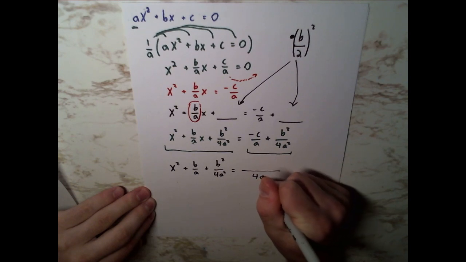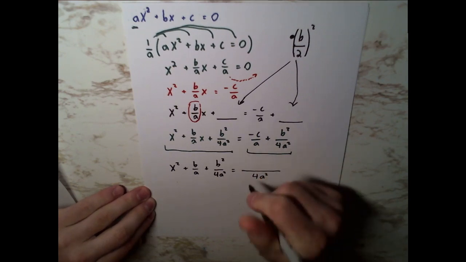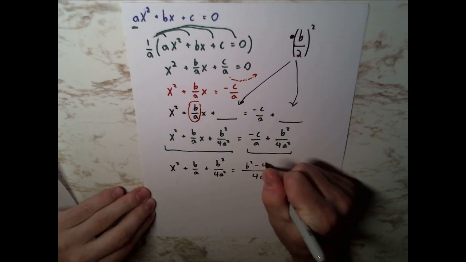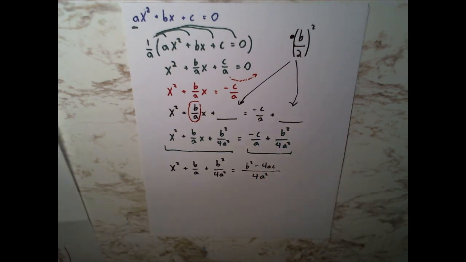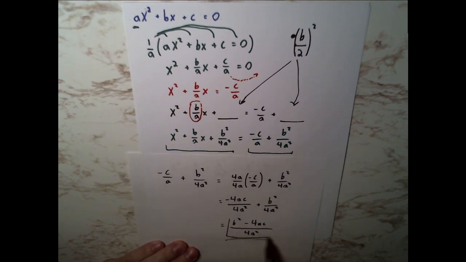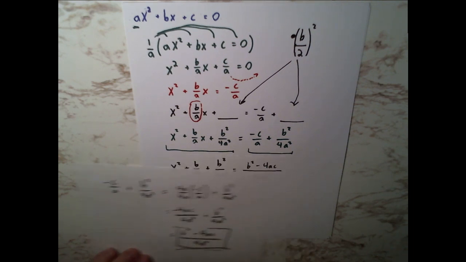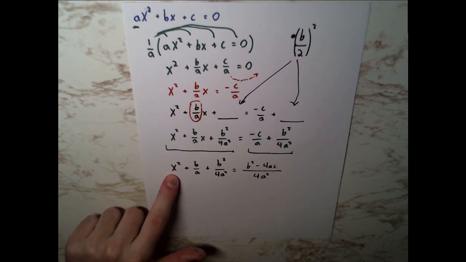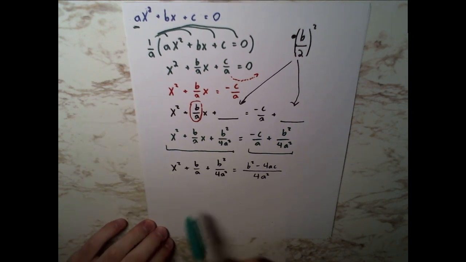The denominator is 4a squared, and in the numerator we have b squared minus 4ac. So there's that b squared minus 4ac that we calculated again, and then that's just going right down in there. So now this needs to be factored.